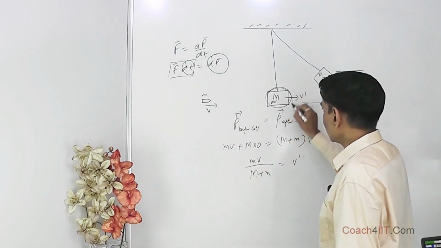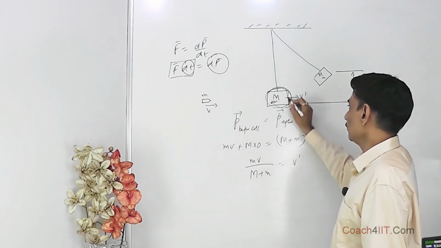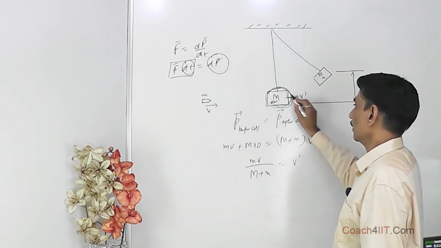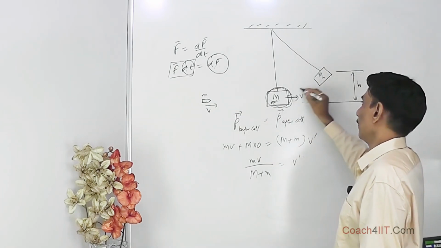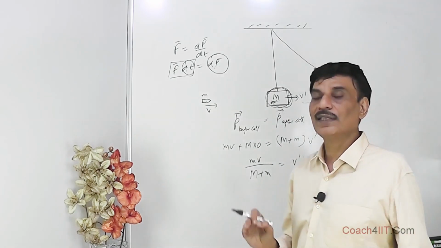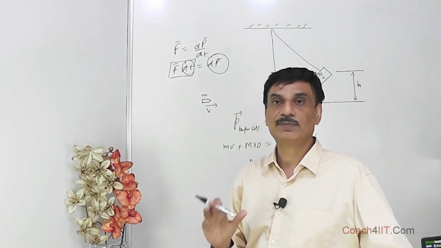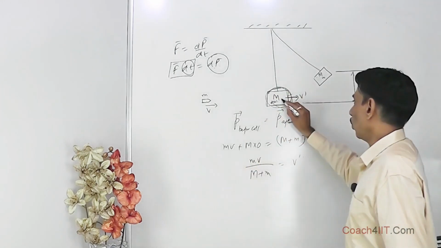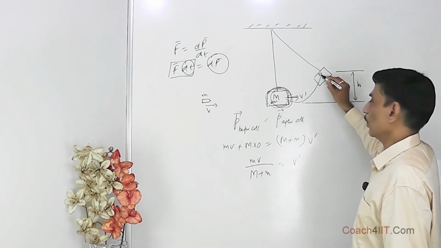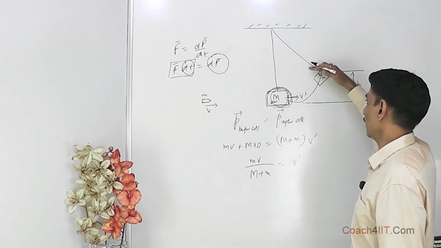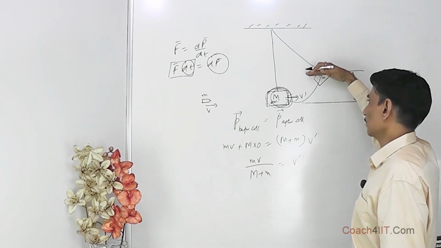But once the bullet has got embedded and the two are moving at a common velocity, from here to this position we can comfortably apply the conservation of mechanical energy principle. Whatever kinetic energy is there over here purely gets converted into potential energy. At the highest position, the kinetic energy of the system is equal to 0.